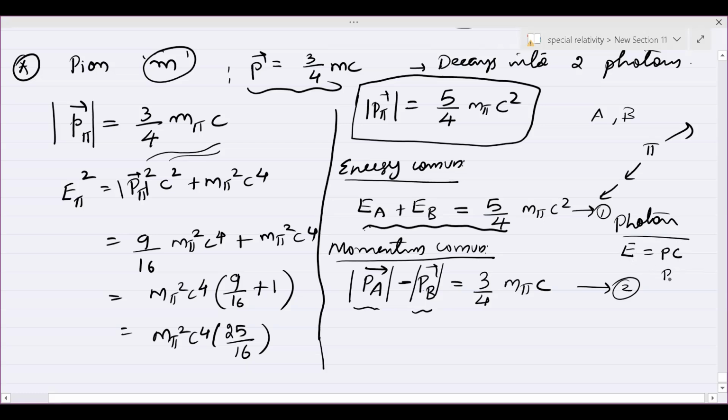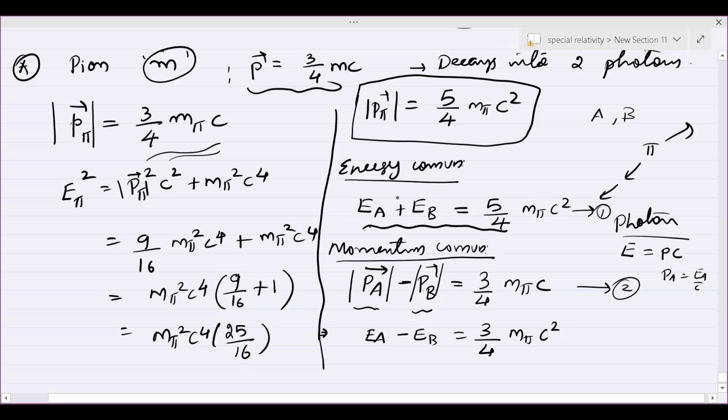So Pa can be written as Ea by c, and Pb can be written as Eb by c. So you see that this equation implies Ea minus Eb, there's a divide by c here, I'll multiply to the other side, so 3 by 4 m pi c square. Is that correct?